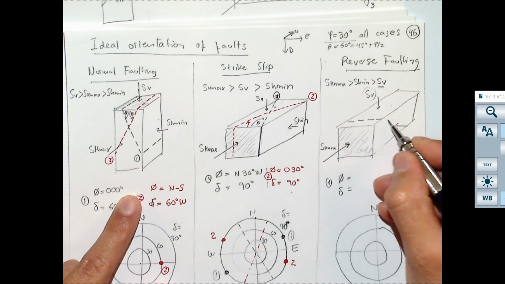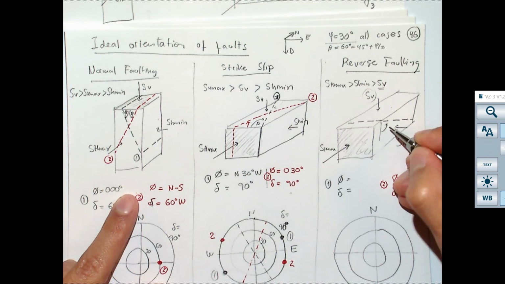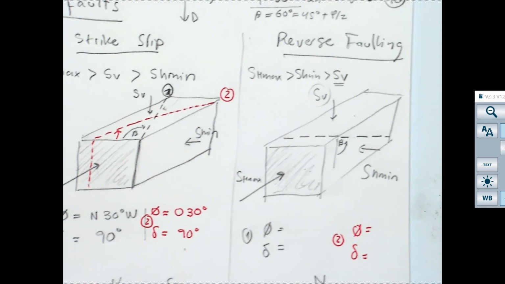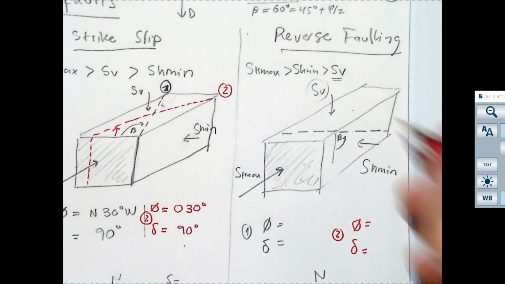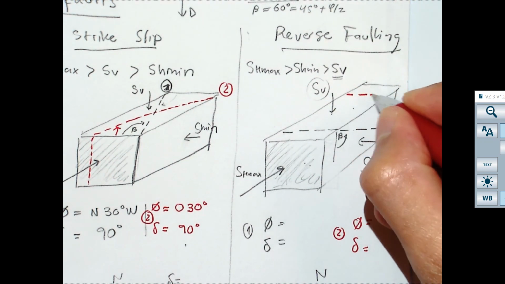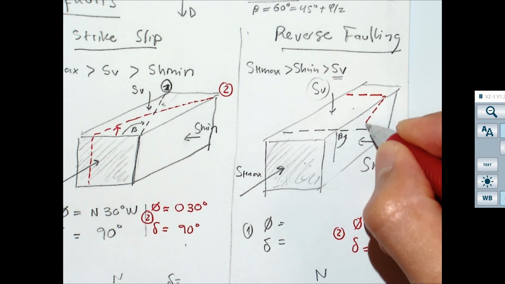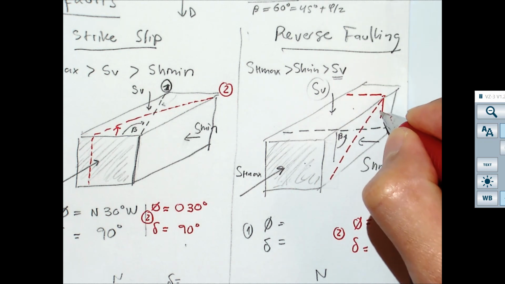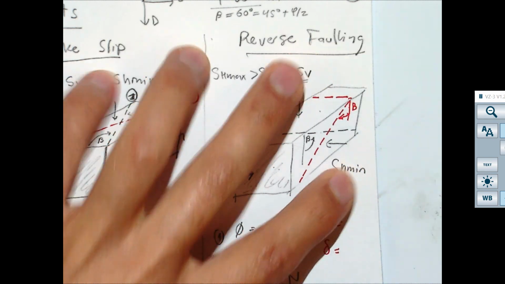One solution is going to be this one, in which this is the angle beta, and another solution is going to be one over here, in which now this angle is beta.